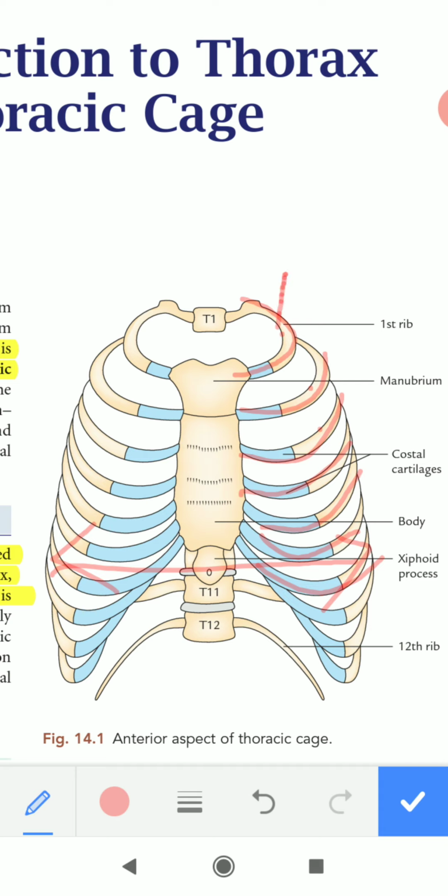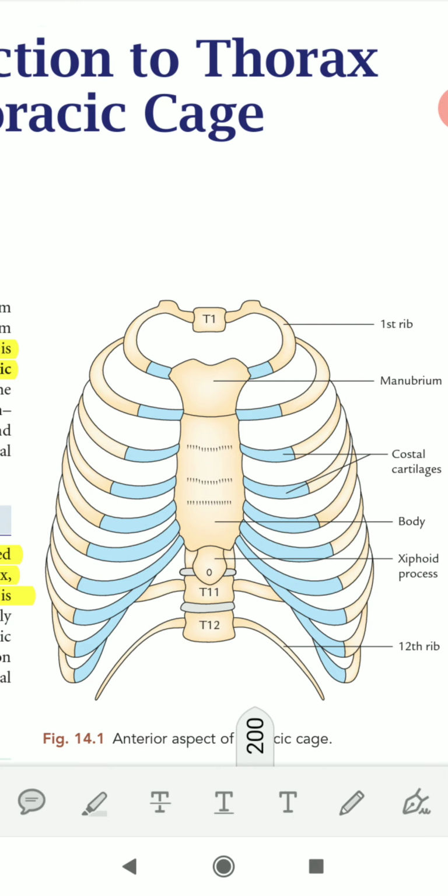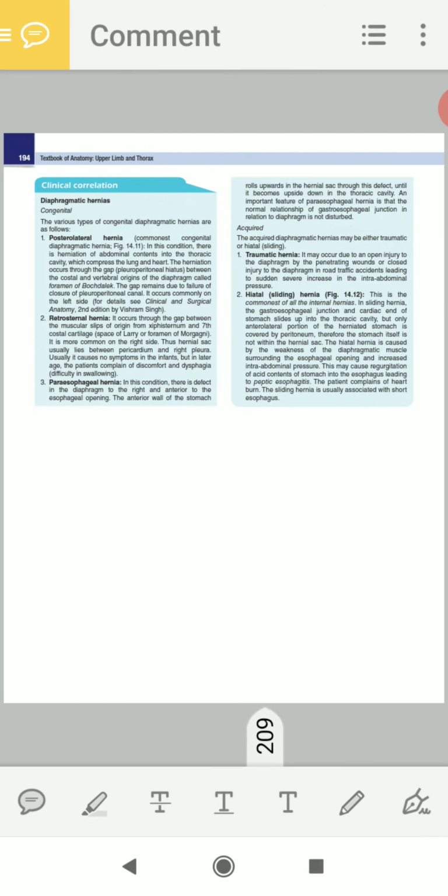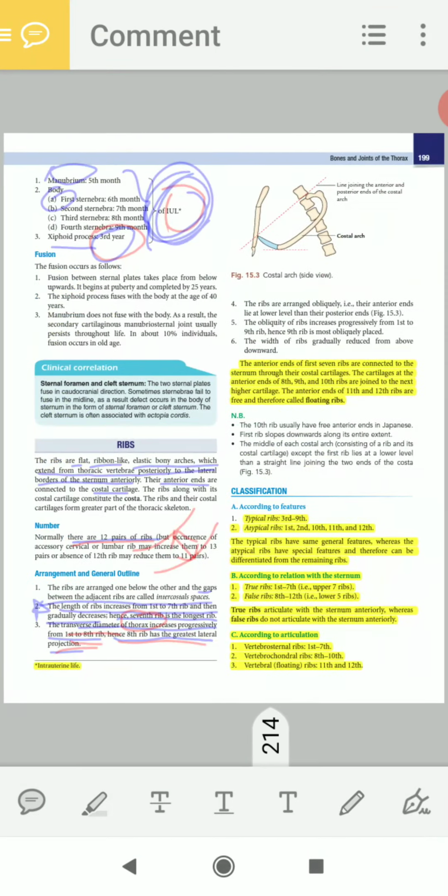So when you go downwards, the transverse diameter will be more increased, and the greatest transverse diameter is at the level of cervical 7 vertebra. Sorry, the cervical 8 vertebra.